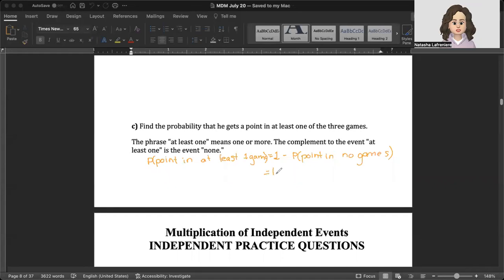So it'll be 1 minus 0.003, which is from part B, which is equal to a 99.7% chance that he will get a point at least once in the 3 games.